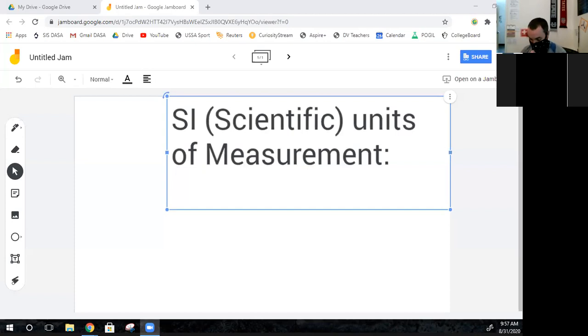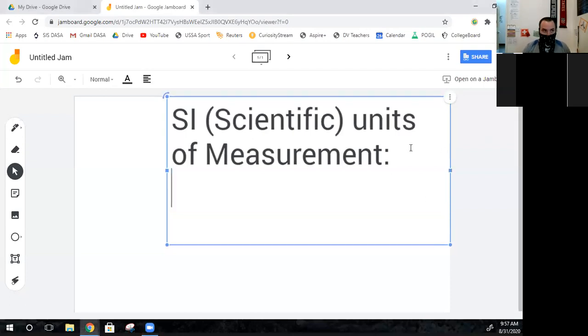But the international standard for measuring units is what we call here in the United States of America the metric system. Okay? The metric system. So we're going to talk about what units we use for different things, all right?